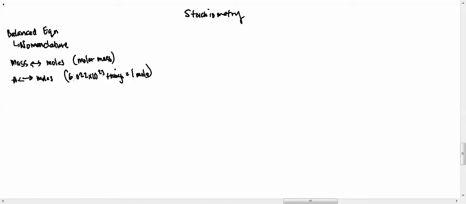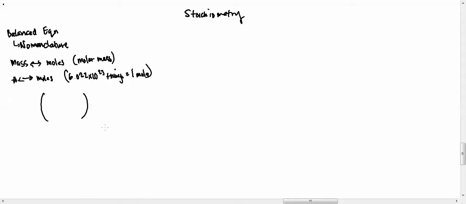So none of this is stoichiometry. These are separate things that we've covered before, and I'm not saying that any of these things are really easy, but they're not really that bad, and we're pretty well versed in this. You're also really good at using the big parentheses to convert from one unit to another unit.